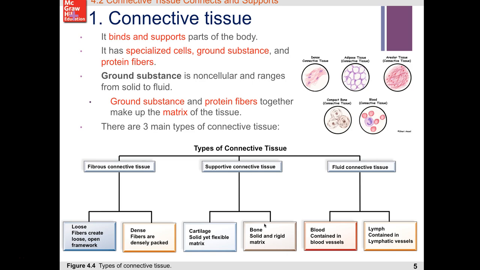So first we have connective tissue, and there's a variety of connective tissues within our body, but basically it comes down to all types of connective tissue will bind and support our body, or parts of our body rather. So you don't want your stomach to be able to move over to the right side of your abdomen.